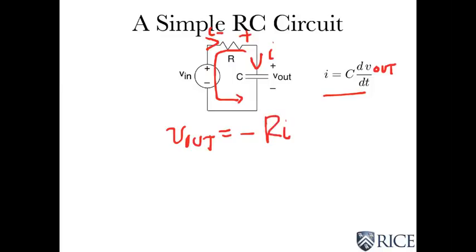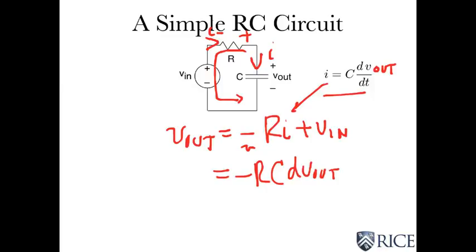Okay, from the VI relation, current's going in the negative side, not the positive side, we have to flip the sign. Plus V in. Well, now I'm going to substitute for I in there. And we get minus RC dV out by dt plus V in.